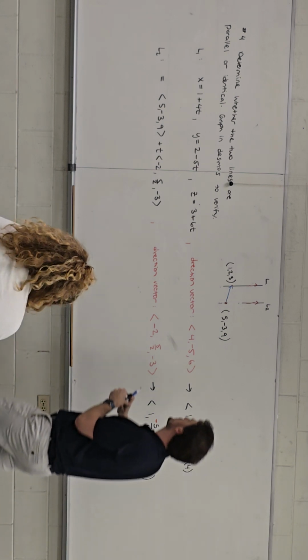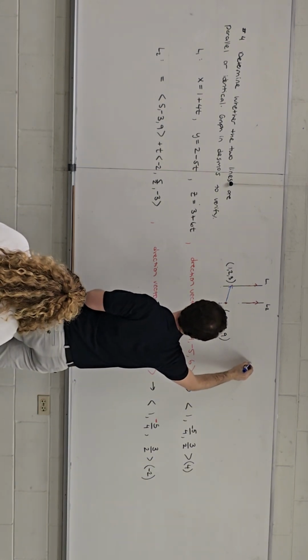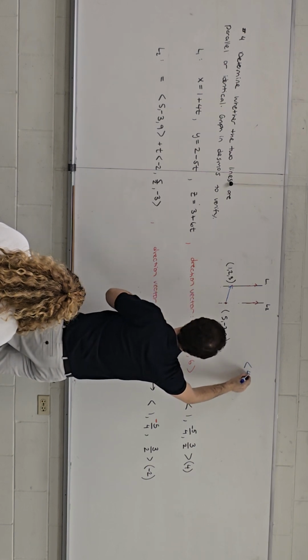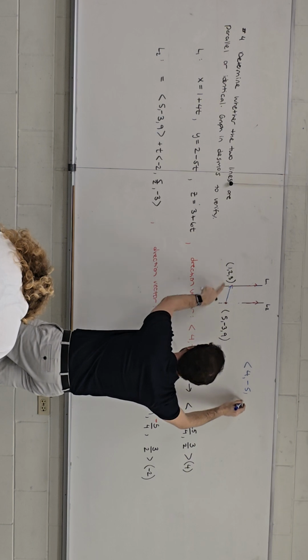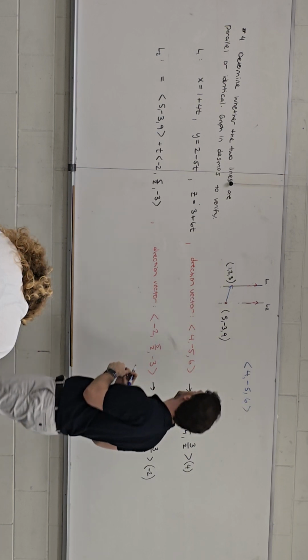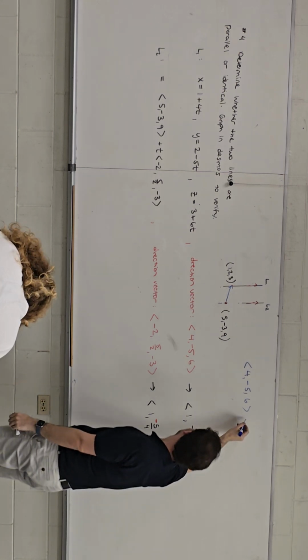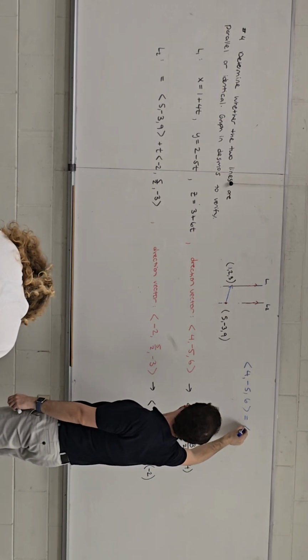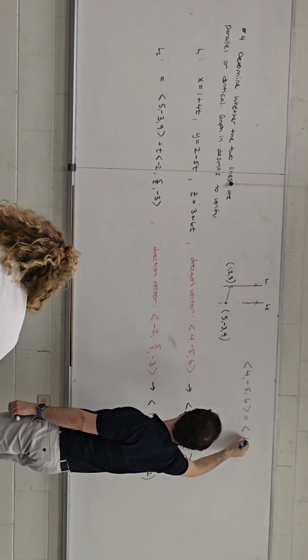So now let's go ahead and try to find this direction vector in blue. 5 minus 1 is 4. -3 minus 2 is -5. 9 minus 3 is 6. Divide everything by 4.